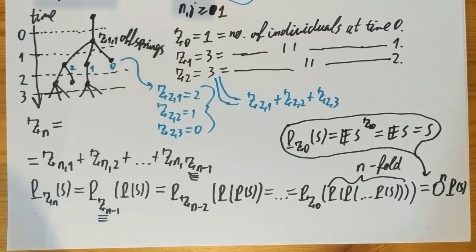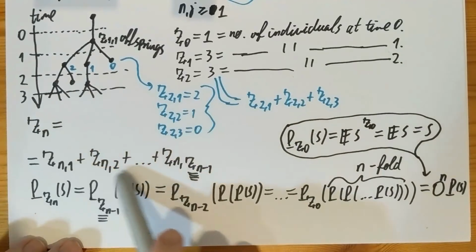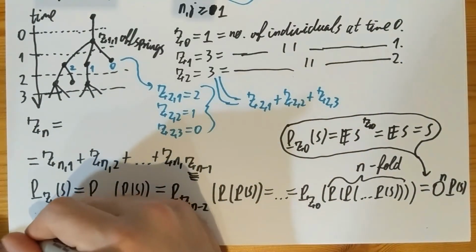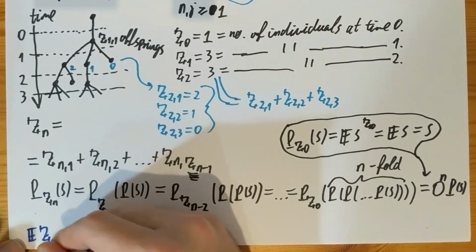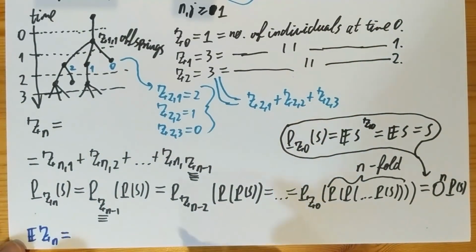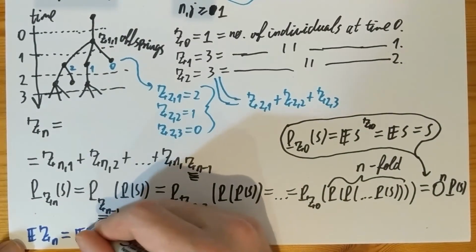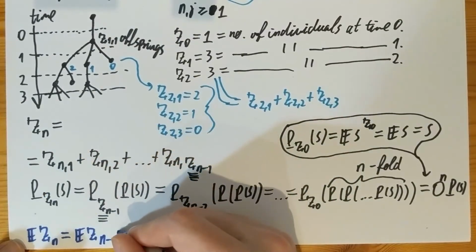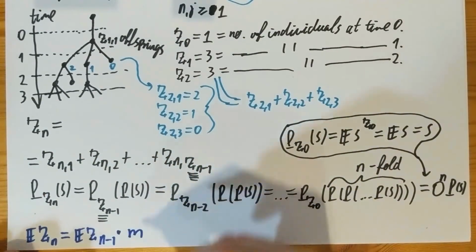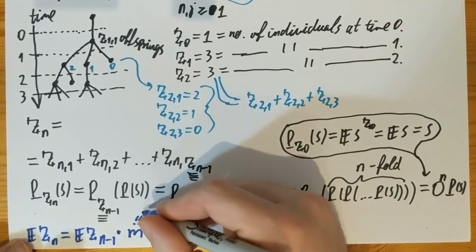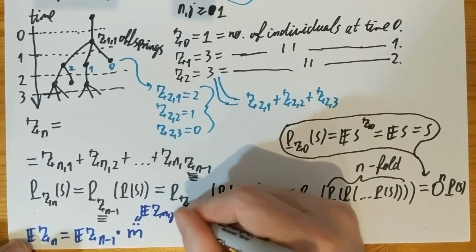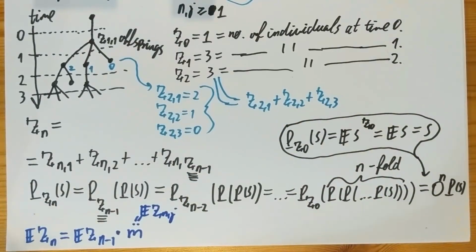There is one interesting feature which you can straight away deduce from this. If you look at this random sum formula, then you find that the expectation of Zn is going to be the expectation of Zn minus 1, because this is how many random variables we take, times m, where m is defined to be the expectation of Z n,j, the expected number of offspring.